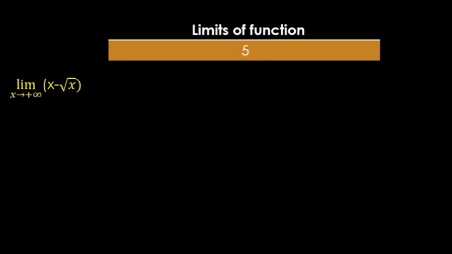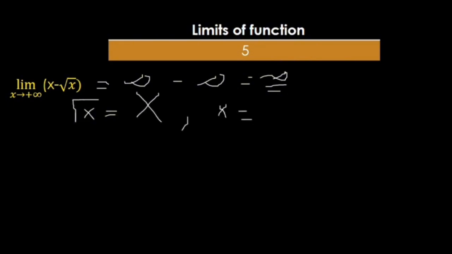The next one is the limit as x tends to plus infinity of x minus square root of x. If we substitute directly, we are going to have positive infinity minus infinity, and it's undefined. We move by finding the conjugate of that, or you can do a change of variable. We take the square root of x equals capital X, therefore x is equal to capital X square.